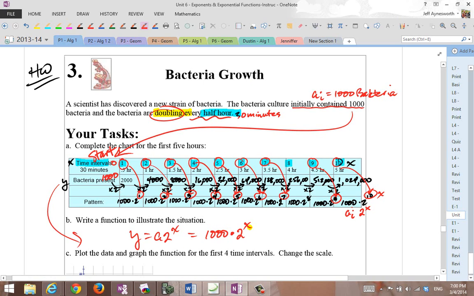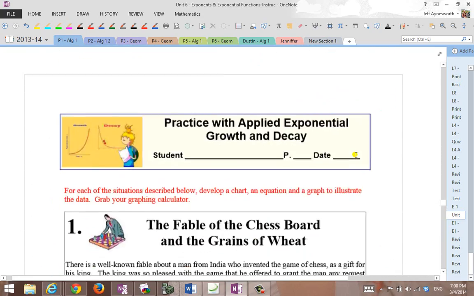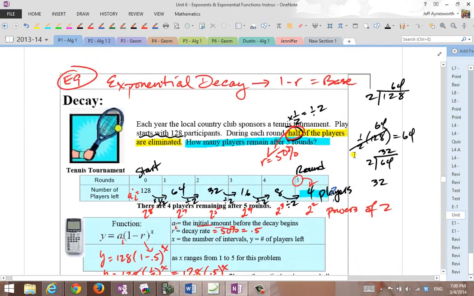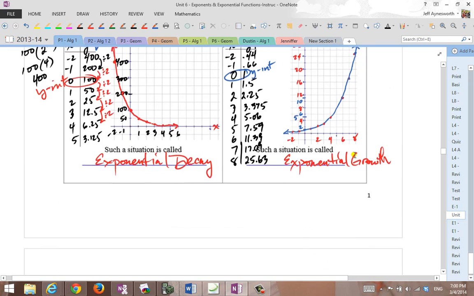Now, if you remember from before, we had a general growth function. Let me just write this over here. In fact, let me go refresh your memory. Let me go back 3 or 4 lessons here. I talked to you in the past about, let's see here. Ooh, that's it right there.